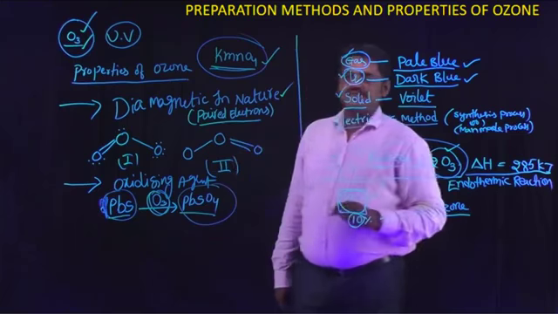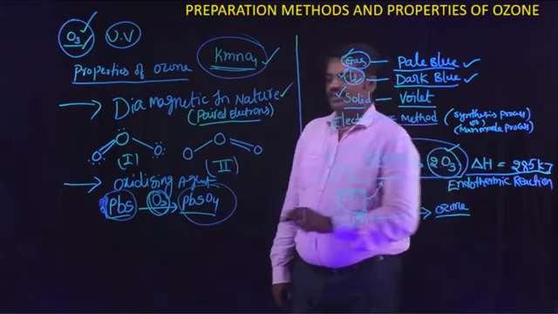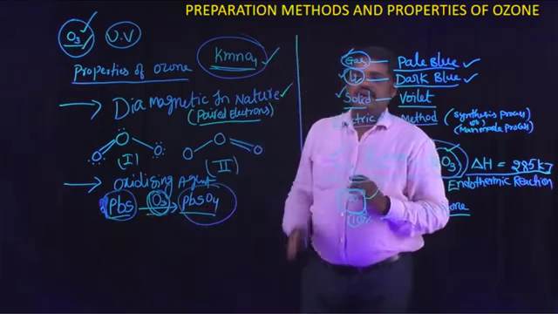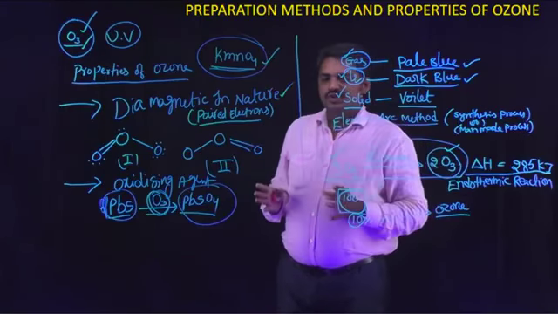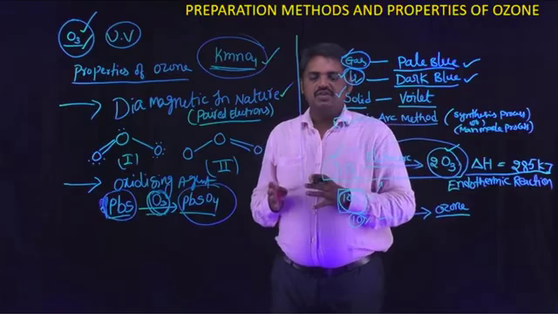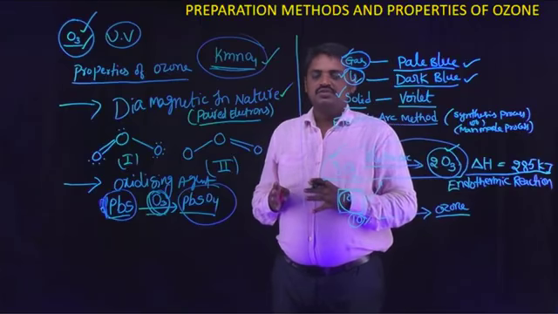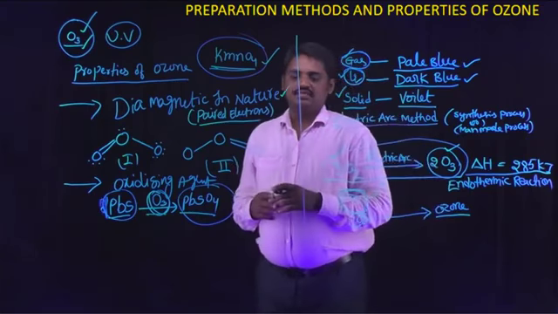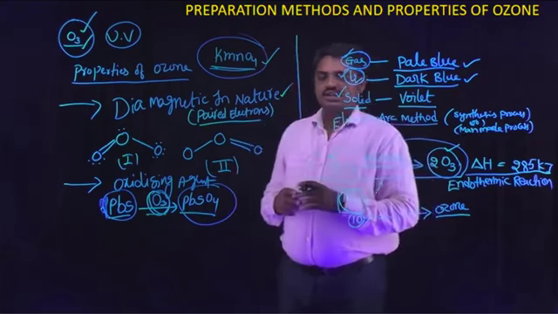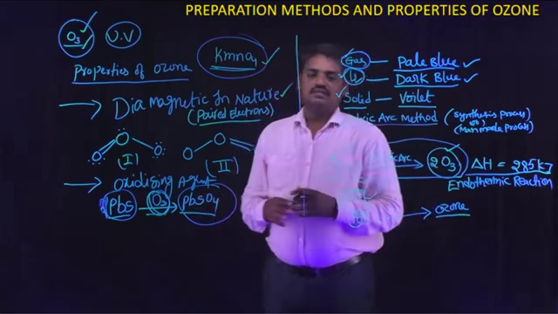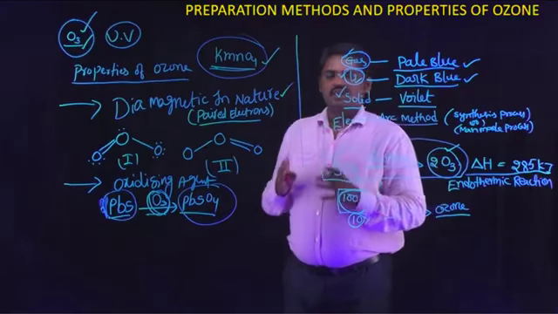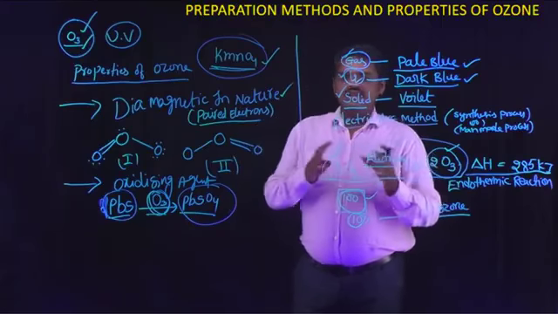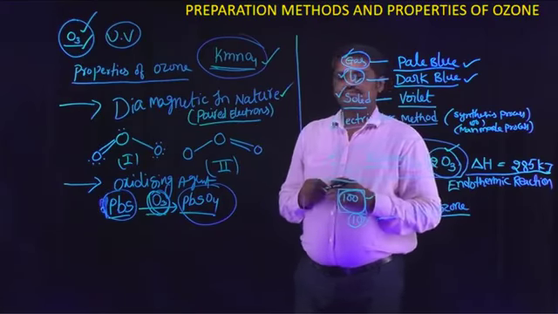This reaction shows that the ozone molecule acts as the best oxidizing agent. And a simple use: the ozone molecule is used for sterilization of water. This is one of the important uses.